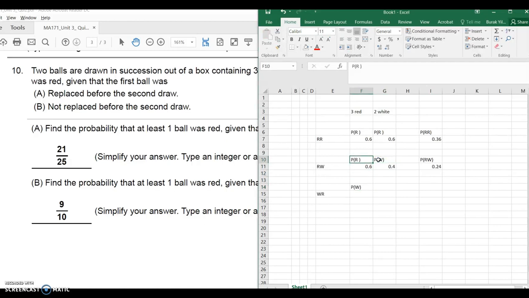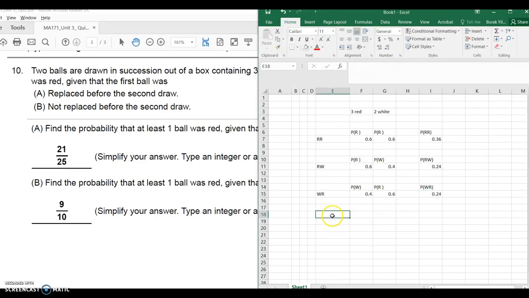And now the last scenario, the first one is going to be white, which is 2 out of 5, so it's again 0.4. The probabilities don't change because we replaced the ball. And red would be, since you replace it, 3 out of 5. And the probability white, red would be again the same, because you multiply 0.4 and 0.6, 0.24.